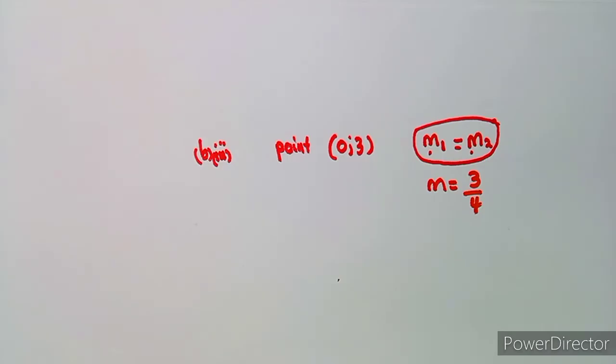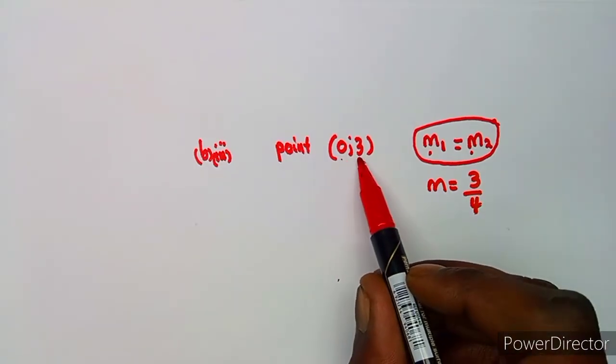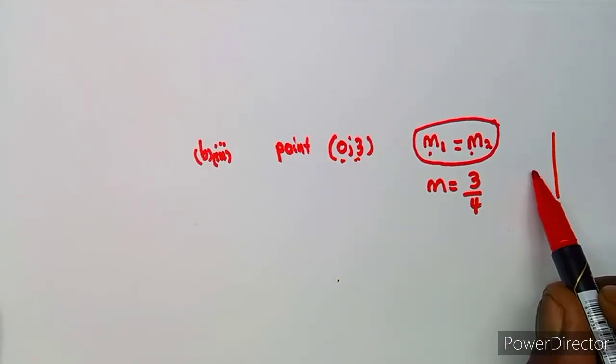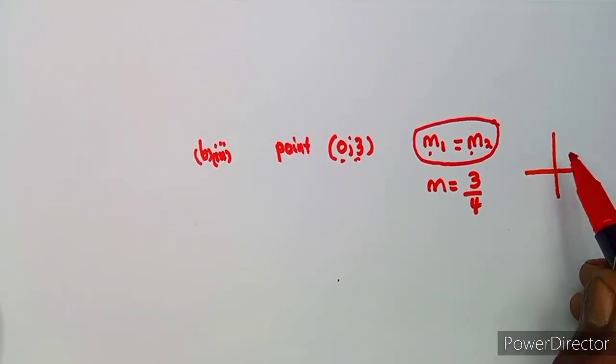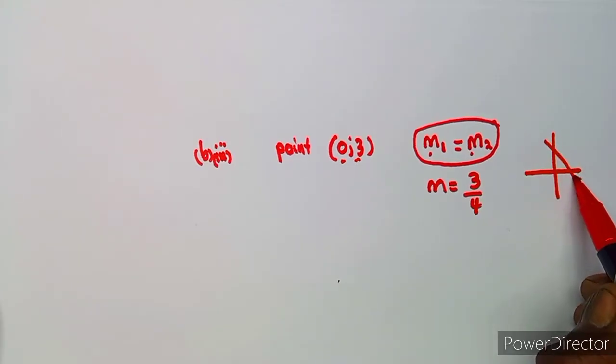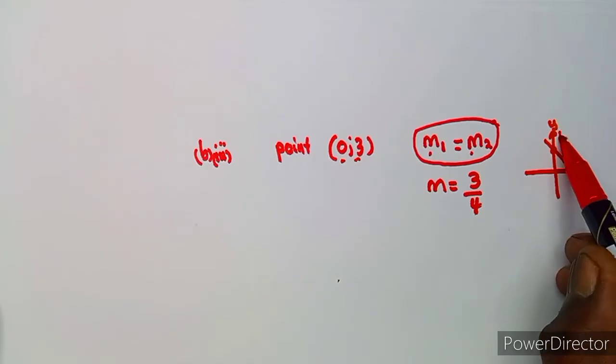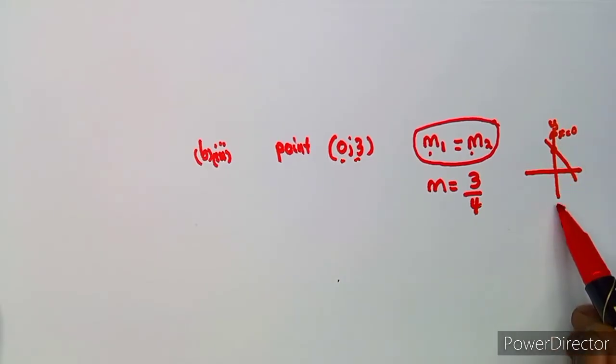And also the other thing that is very important is that this point that we are given, which is 0, 3, remember I told you guys when x is equal to 0, it means you are on the y-axis. In the y-axis here, x is equal to 0 throughout.